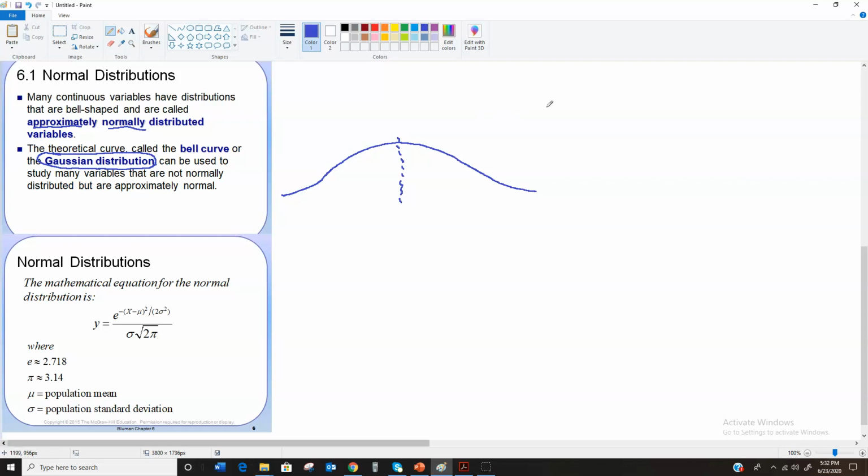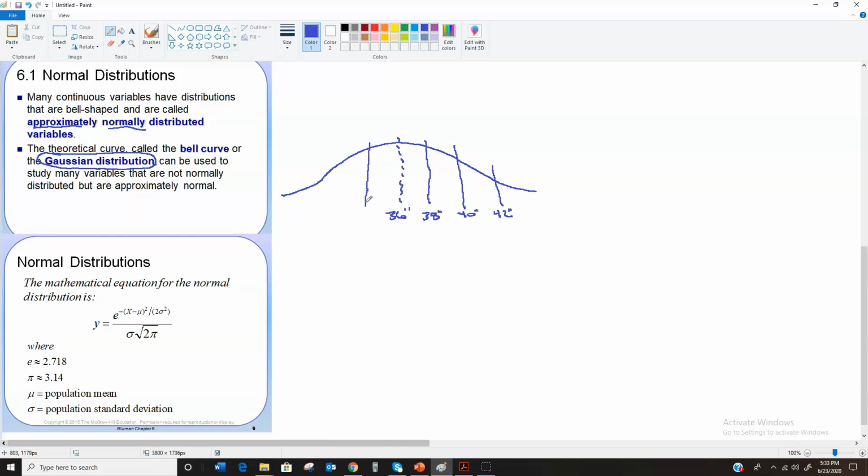So in the middle we would put what the average height is. I have no idea what the average height of a sunflower is. Let me guess and say it's 36 inches. Of course it depends on what kind of sunflower. But then say it has a standard deviation of 2. Then one standard deviation would be 38 inches, 2 standard deviations would be 40 inches, and 3 standard deviations would be 42 inches.